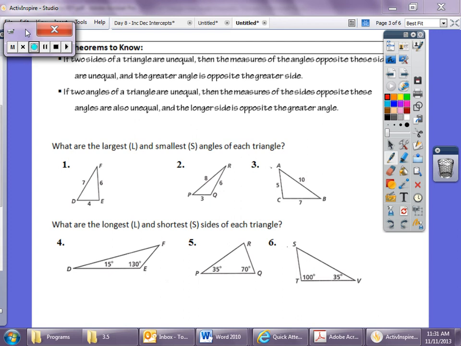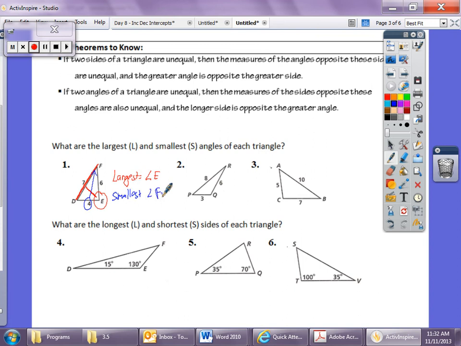So what are the largest and smallest angles? Well, we know that DF is the largest side, so the angle opposite is angle E. So the largest is angle E. The smallest is going to be opposite side 4, which is angle F. So angle F is the smallest.